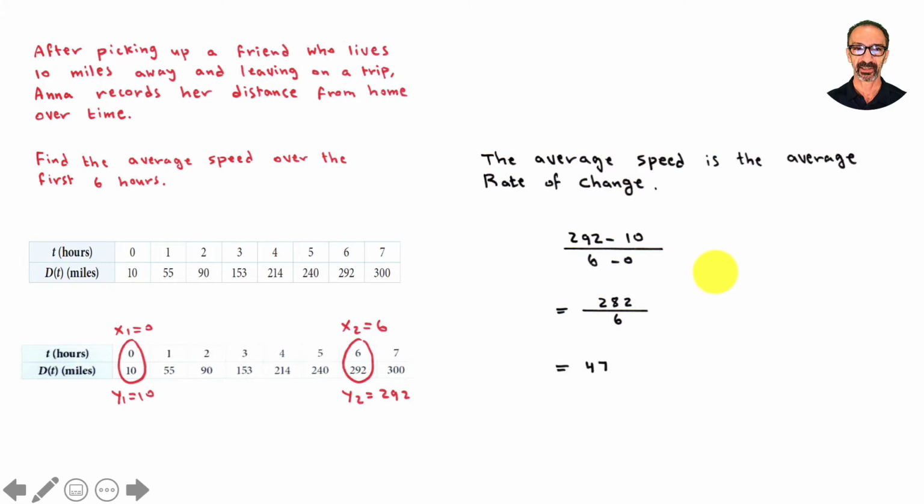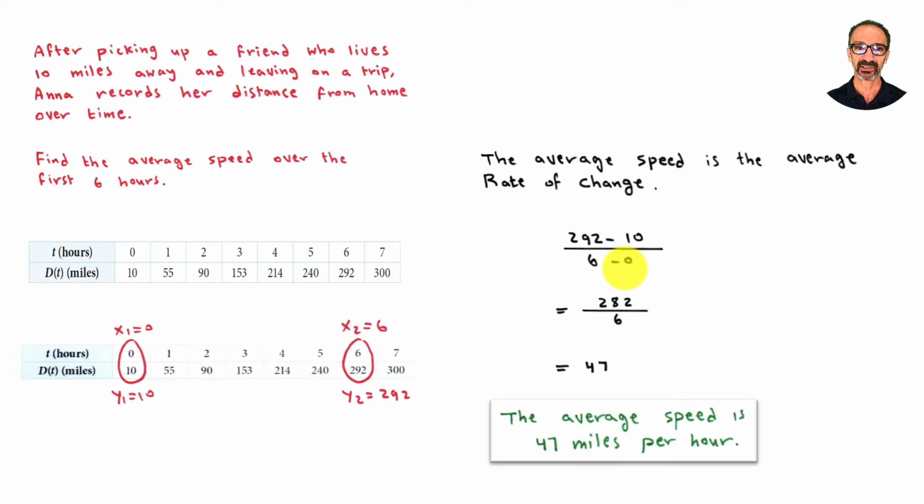Simplify, and you get 47. What does that mean? It means that the average speed is 47 miles per hour. Well, of course, she's not going exactly 47 miles per hour every single second. Sometimes maybe higher, sometimes lower, but it averages to 47 miles per hour.